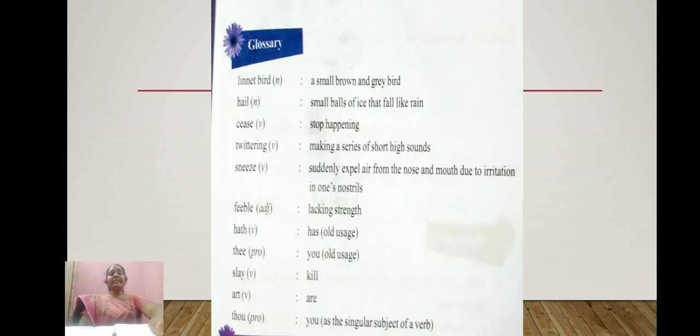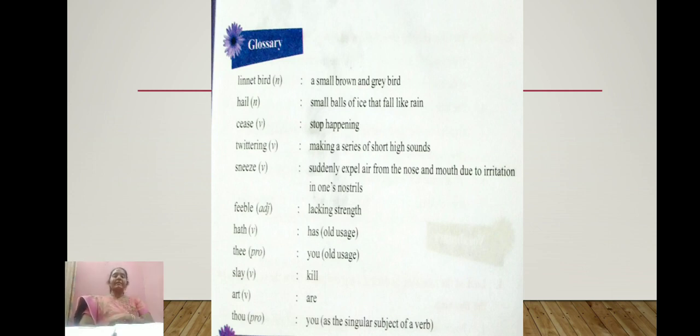Children, let us have a glance at the glossary. If you know all the meanings of the glossary, then you are able to understand the story well.